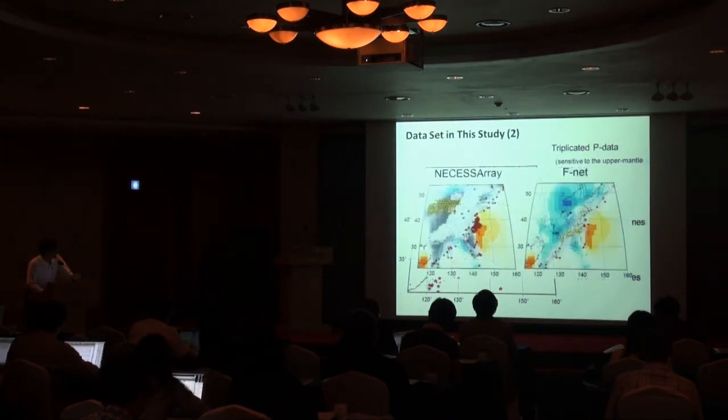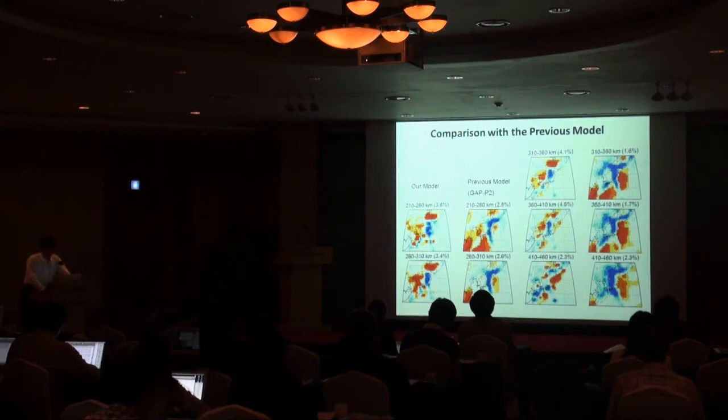This shows the coverage of the triplication data, and white circles denote the bottoming points of each ray path. Our model has a good resolution beneath the Japan Sea and Japanese islands between about 200 and 800 kilometer depths.